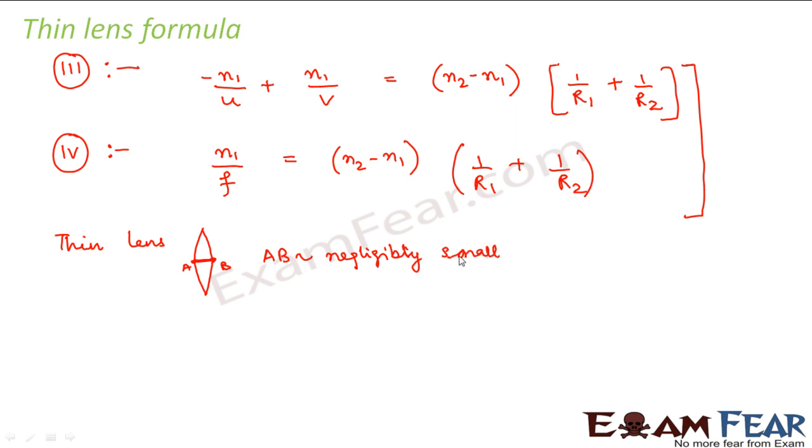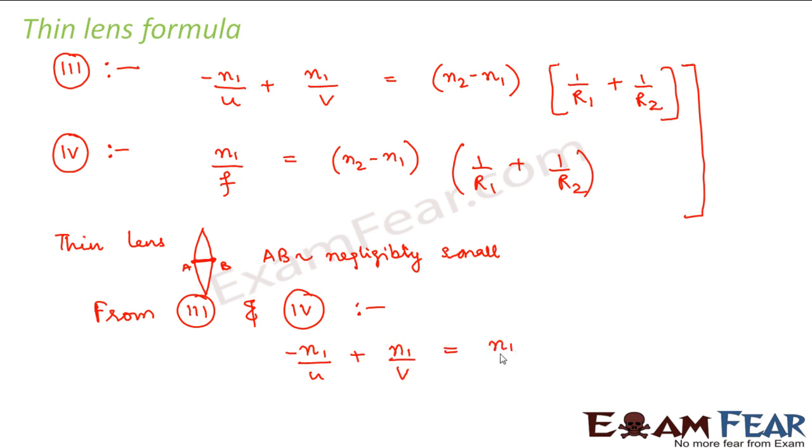So if we assume the lens to be a thin lens, in that case, from these two expressions, what do we get? We can combine these two expressions, and since the right hand side of both the equations are the same, from 3 and 4, we say that minus n1 by u plus n1 by v is equal to n1 by f.